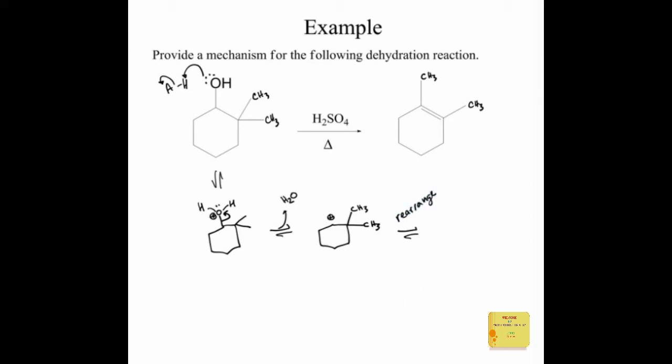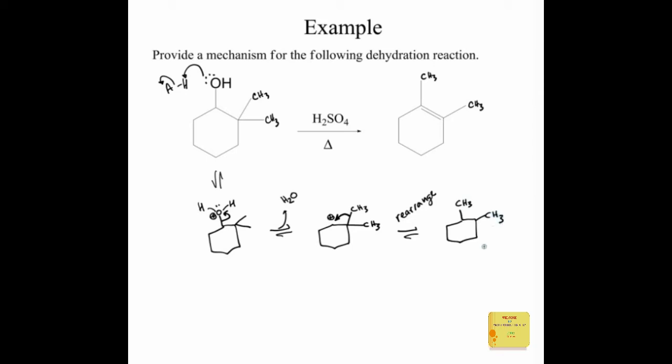And remember, a carbocation rearrangement is where we look over to one side or another and we try and steal some electrons, steal a bond that would result in a more stable carbocation. So what this carbocation sees is if one of these methyl groups picked up and moved over to the next carbon over, we call that a methyl shift, a 1,2 methyl shift. So we now have one methyl up here and one methyl down here.